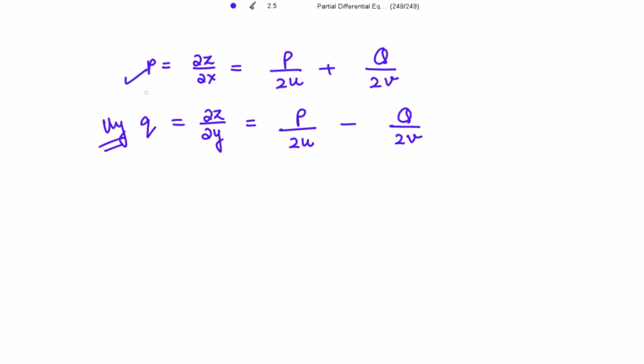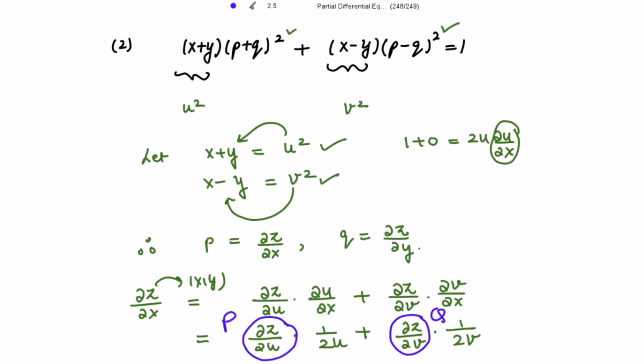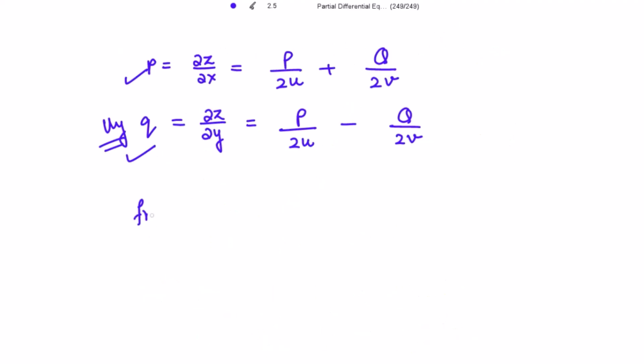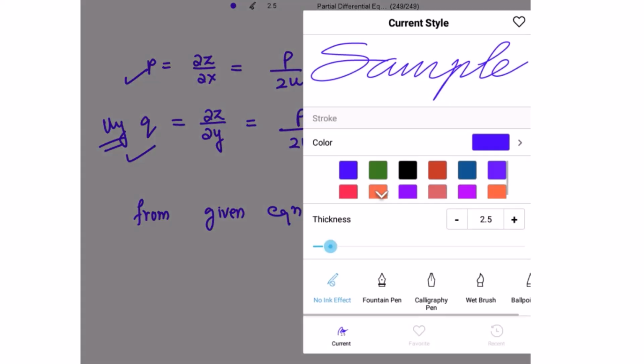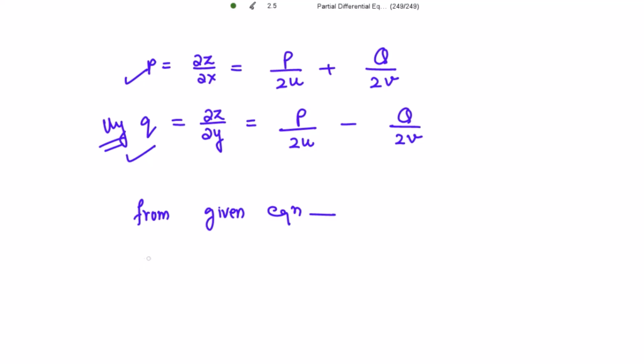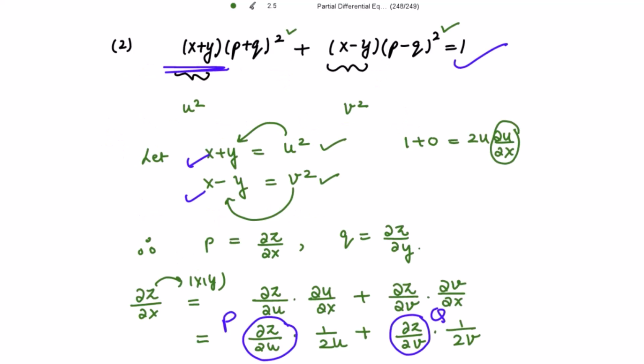Putting the values of p and q and this x plus y and x minus y back into the given equation. What is x plus y? It is u square. So from the given equation, x plus y is u square into p plus q whole square.